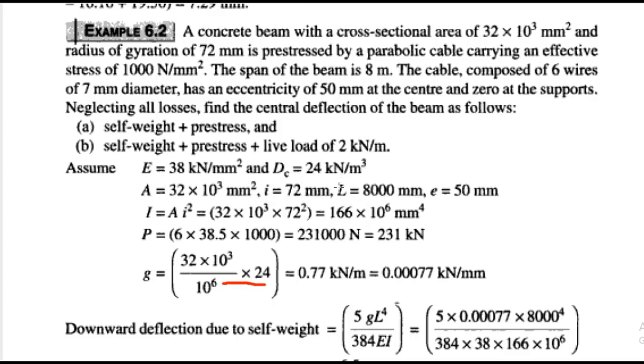Length of the pre-stressed concrete member L equal to 8 meter, that is 8000 mm. Eccentricity of the pre-stressing force from the central axis is given as 50 mm.